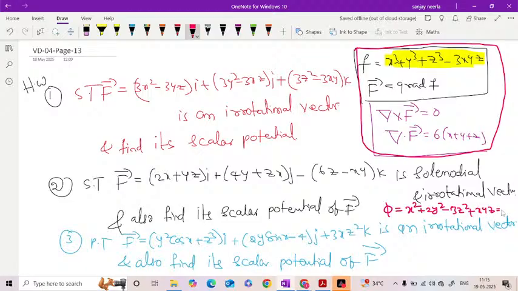Very good. So this is the scalar potential field, very good.